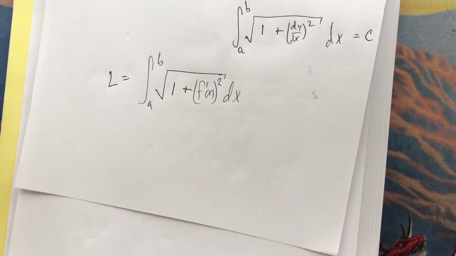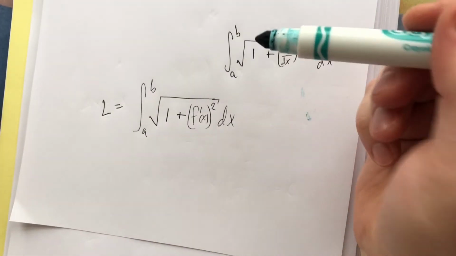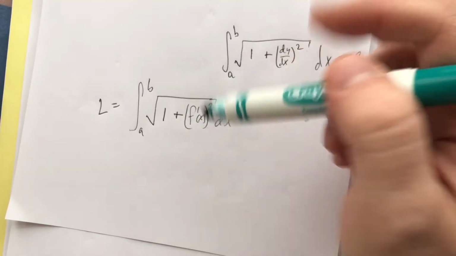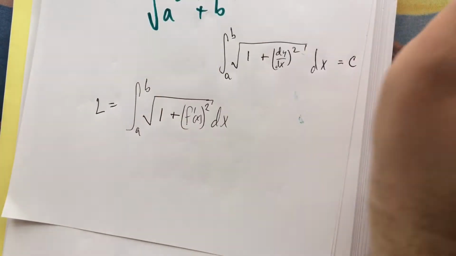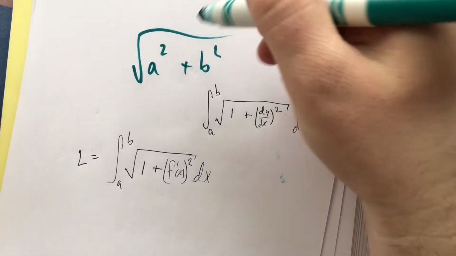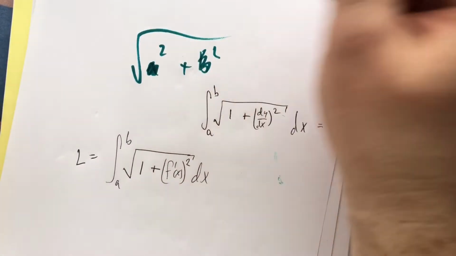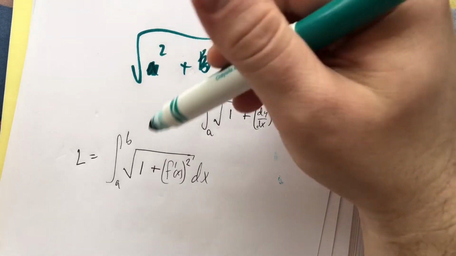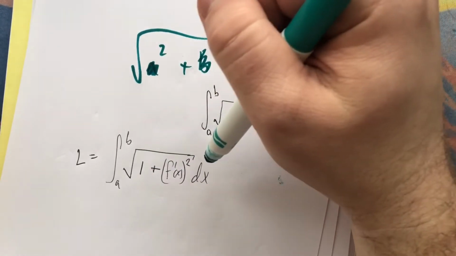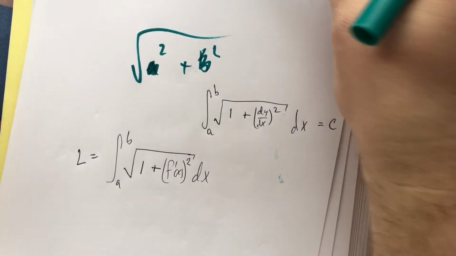And for me, what makes this really easy to memorize and remember is that it's like something squared plus something squared, and it's under a square root. The other formulas that we're gonna see this year, instead of having a 1 plus f prime squared, it's gonna be like something squared plus something squared. Yeah, this is our arc length formula.